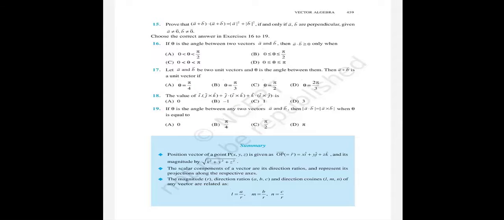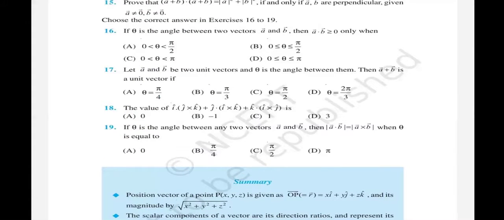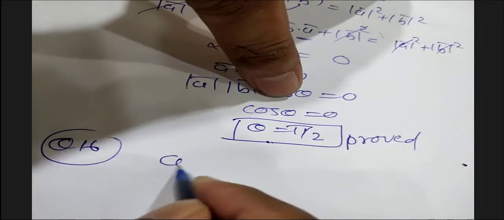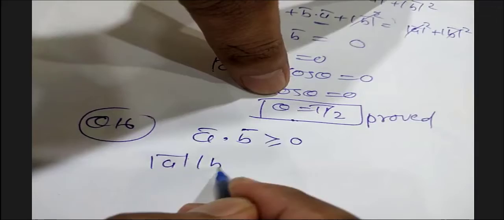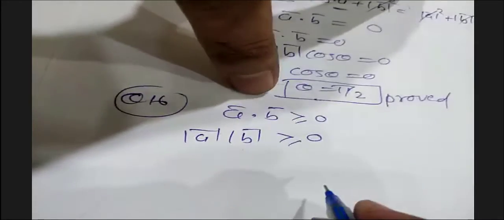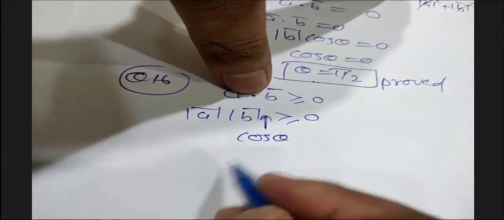Okay, let's move on to question number 16. It says that if theta is the angle between a bar and b bar, and a bar dot b bar is greater than or equal to 0. It means magnitude of a bar, magnitude of b bar, cos theta is greater than or equal to 0. The magnitudes are not equal to 0, so cos theta must be greater than or equal to 0.